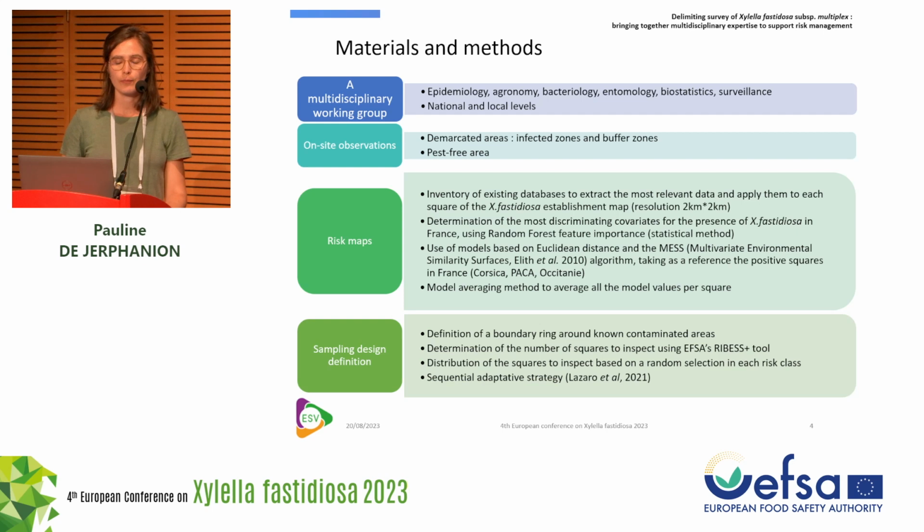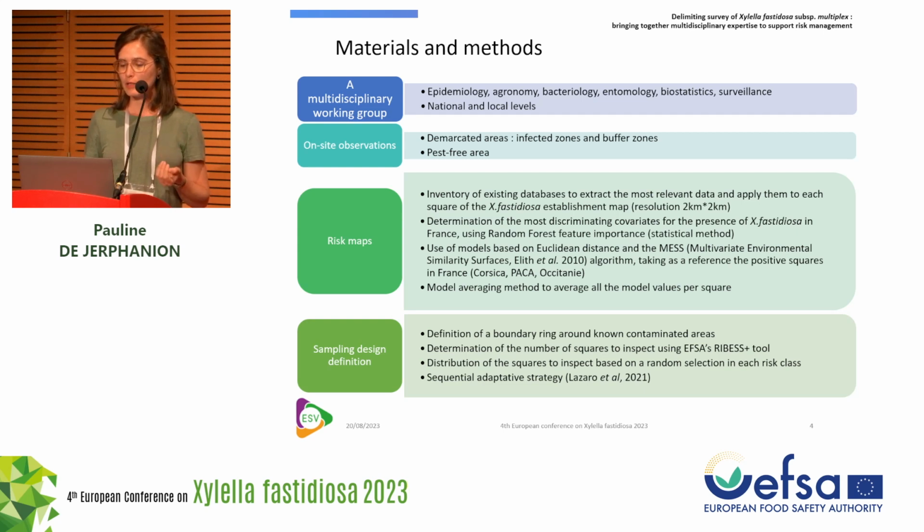To determine a risk-based survey, we realized risk maps in order to determine, for each square of 2 kilometers resolution, the risk of establishment of the bacteria in the region Occitanie, using land use and ecoclimatic data and different models based on Euclidean distance and on the MaxEnt algorithm, taking as reference the positive squares in France, so in Corsica, Provence-Alpes-Côte d'Azur, and Occitanie.